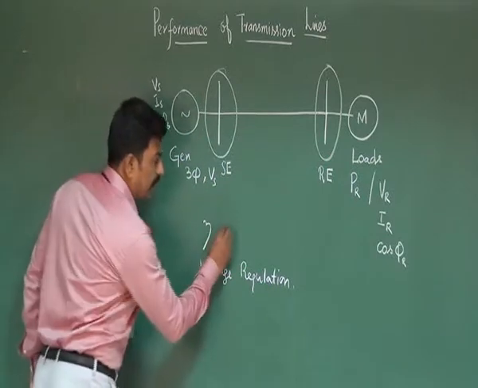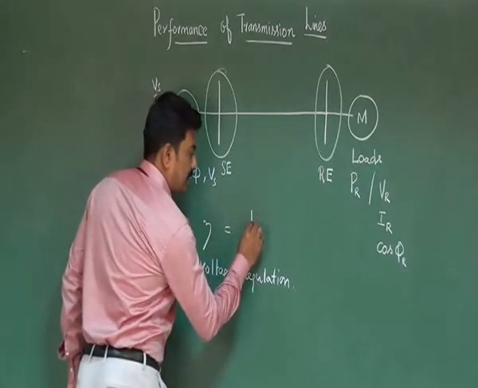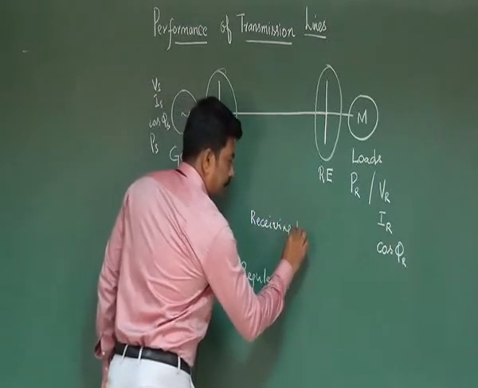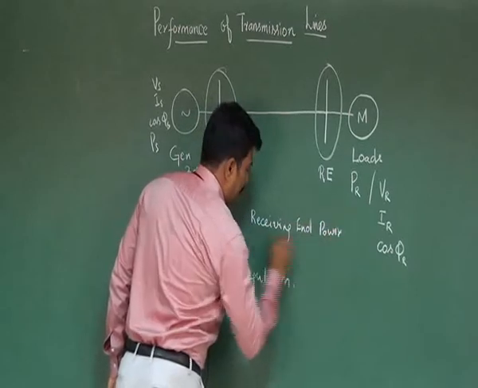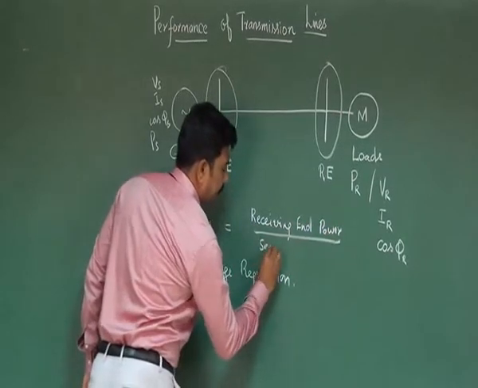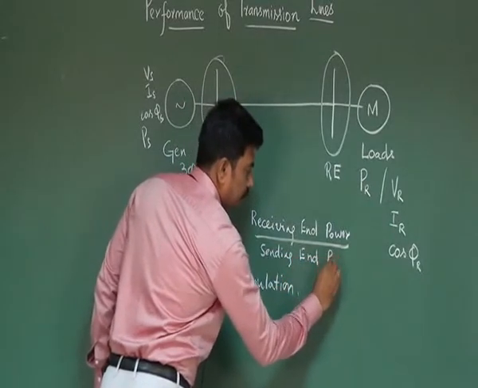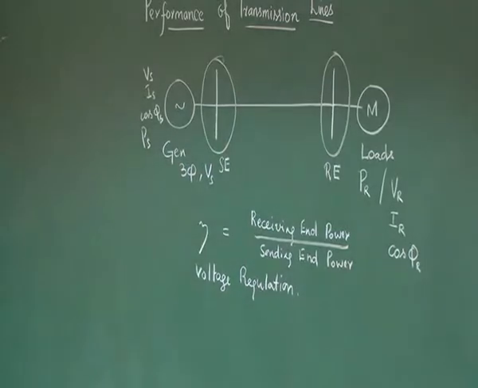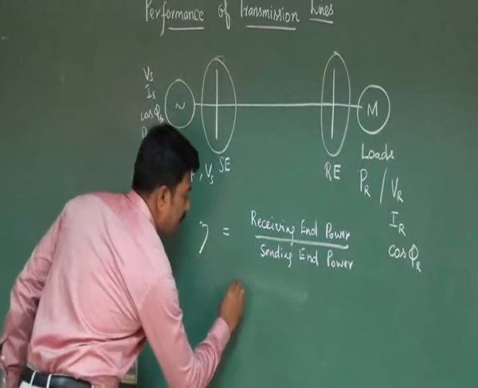Now, efficiency can be easily explained as receiving end power divided by sending end power.